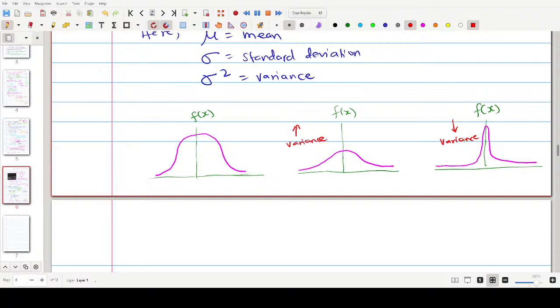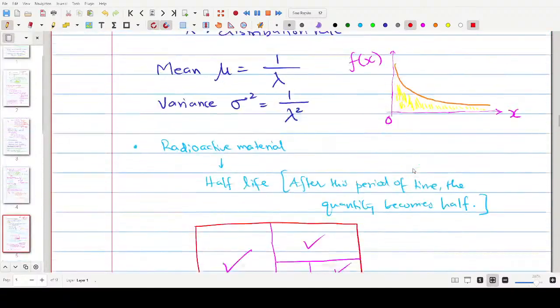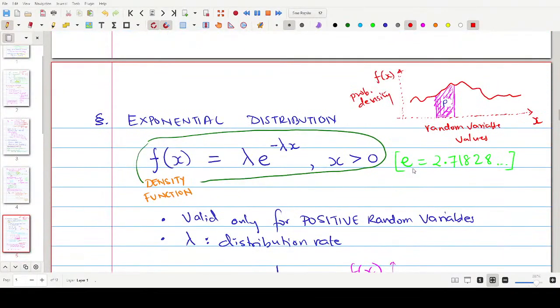So what we are doing is that we are trying to again find out, if you look at the top right corner of this page, the probability density is on the f of x axis.